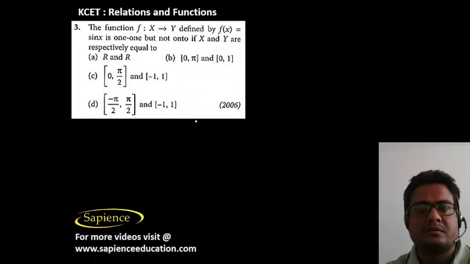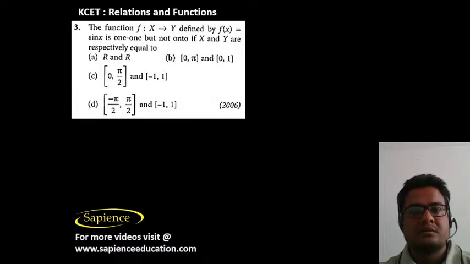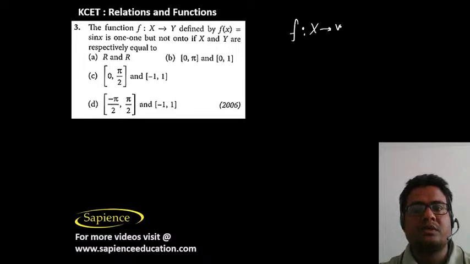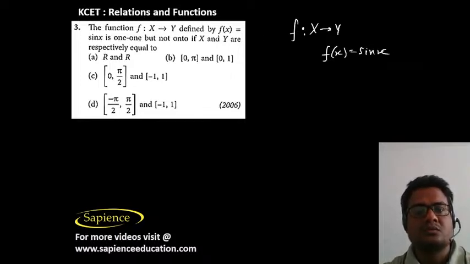Then here it is told the function f which maps X to Y is defined by f of x equal to sin x, that is 1-1 but not onto if X and Y are respectively equal to. So it is 1-1 but it is not onto, which means that the range should be equal to the co-domain.